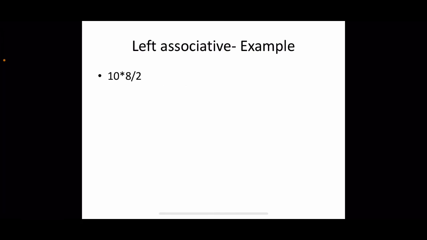Here you can see that the expression is 10 into 8 by 2, and we know that both multiplication and division operators have the same precedence. So in which order should this be evaluated? Whether star should be applied first or division should be applied first? Here these operators are left associative.